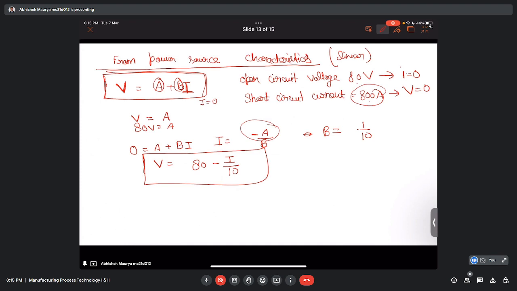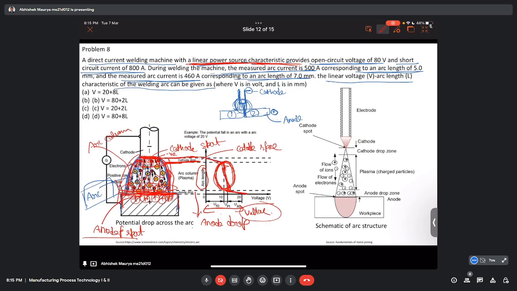But what has been asked in the question is to find a relationship between voltage and length of arc. For that we are given some conditions. If you see in the arc region, there is a linear relationship between the arc length and voltage.